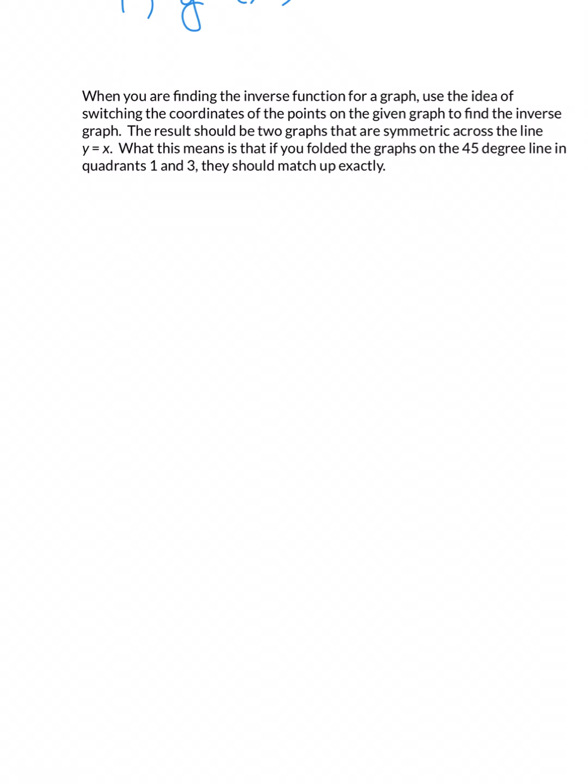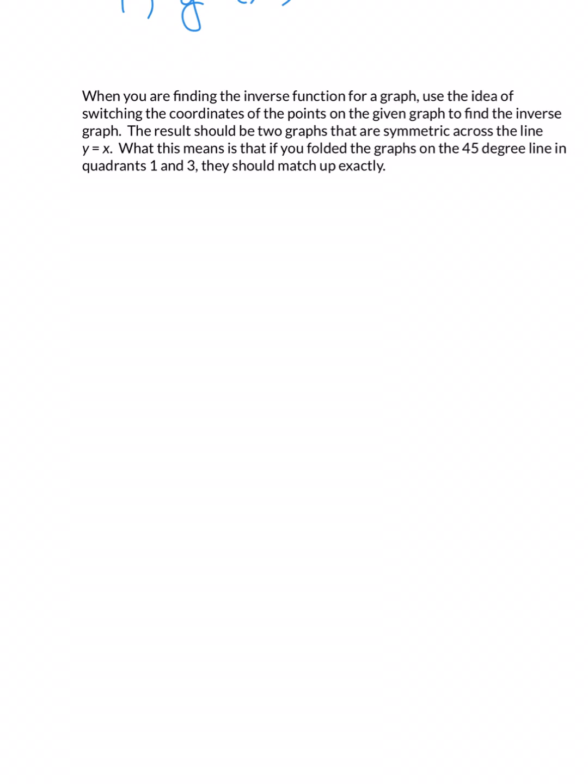The last thing we're going to learn in this module is how to find the inverse function for a graph. To do this, we're going to use the idea that we talked about earlier of switching the coordinates for points on the graph. We're going to find points on our given graph and switch them to find the inverse graph.